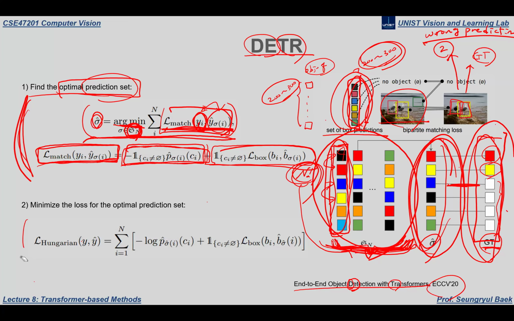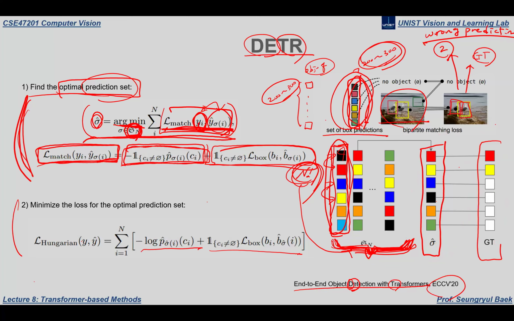And then in the second step, they apply the probability loss and bounding box loss on this set. I mean, we find that this is the optimal order of the prediction because this is matched with this box, and this is also matched with this box, and all the others are matched to the no-object class. So this is the best order of prediction.